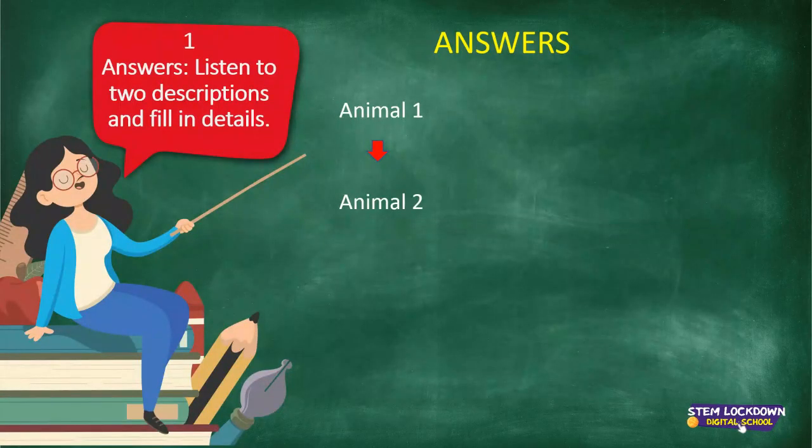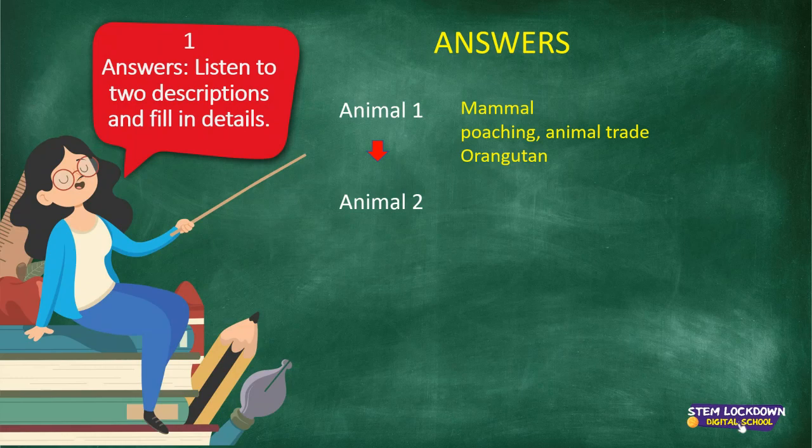So, this is where you're going to mark your work. For animal 1, it was a mammal. And one of the answers for why it's endangered, mainly due to poaching, and also the wild animal trade likes to take these animals, maybe to China, I don't know where to, and it was an orangutan.